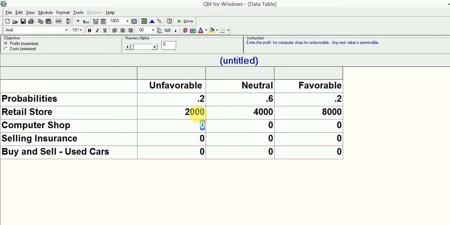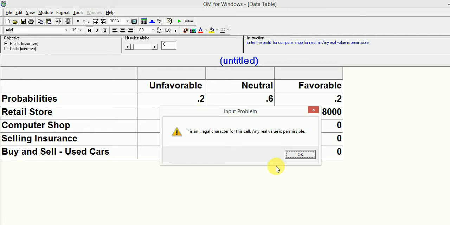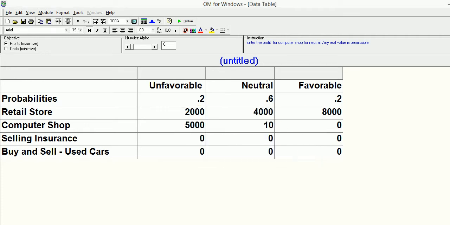Computer shop. In an unfavorable scenario, maybe the computer shop will give you around 5,000 pesos. In a neutral scenario, maybe around 10,000 pesos. And the favorable scenario will be around maybe 20,000 pesos a month. Selling insurance, maybe in an unfavorable market, you will lose money.